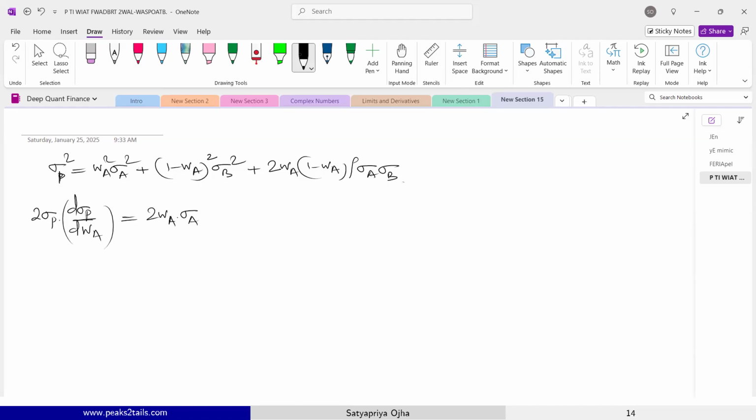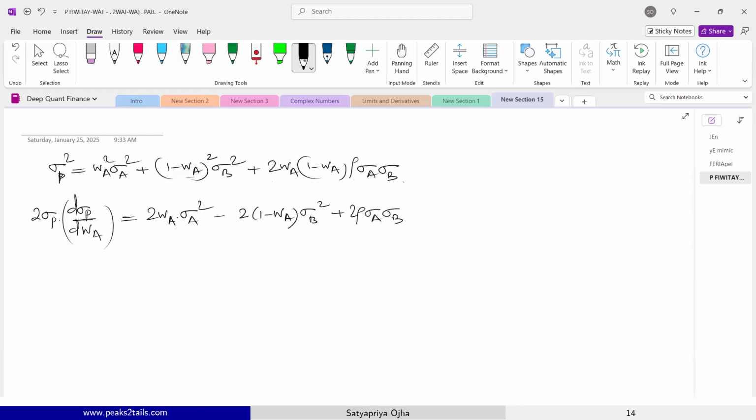2wA sigma A squared, all the other parameters are constant. Plus 2 times (1 minus wA) sigma B squared. The coefficient of w is negative, so there will be a -1, right? So I will just change this to minus, plus 2 rho sigma A sigma B, I'll take outside constants.